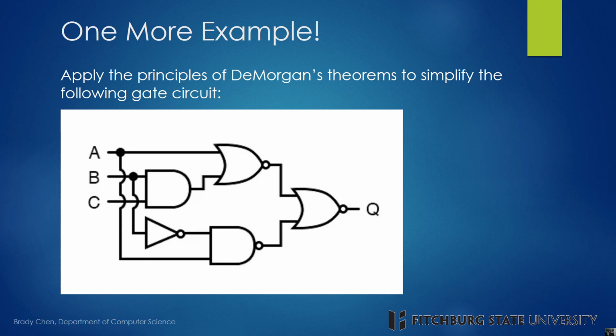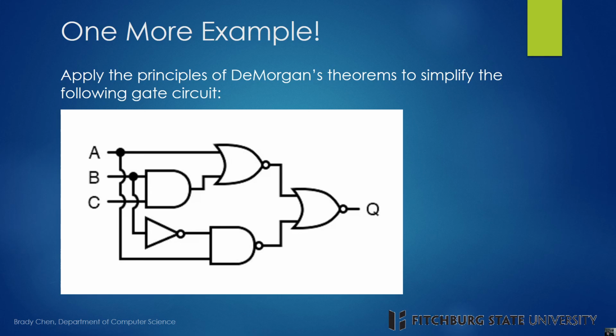Step number 1, we need to find out the logic expression for this circuit. What's the logic expression associated with this circuit diagram? And then once you have the logic expression, we apply all these logic identities we just talked about, including De Morgan's theorem, to simplify the logic expression to reduce the number of operators.